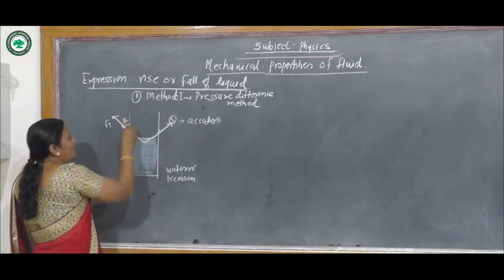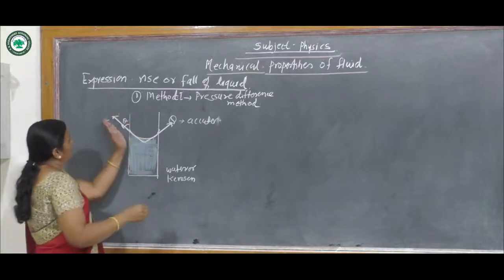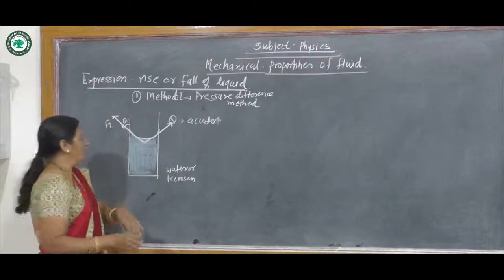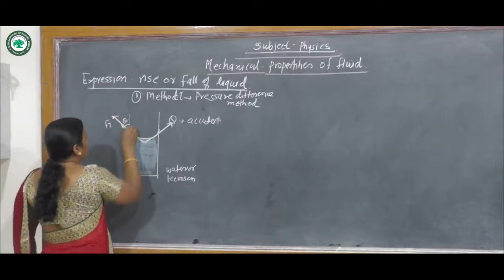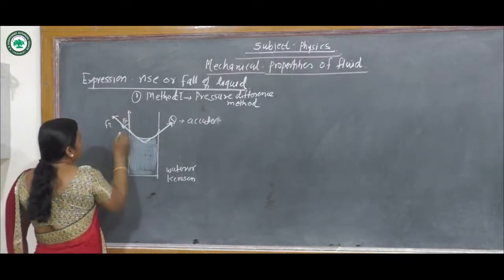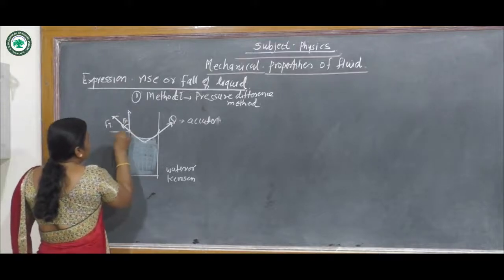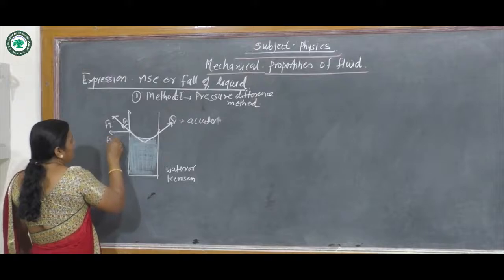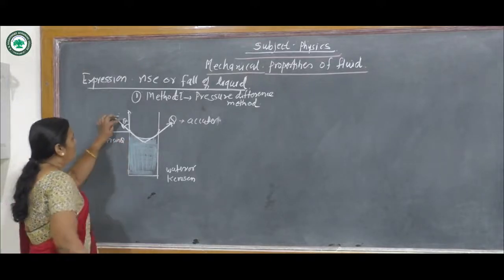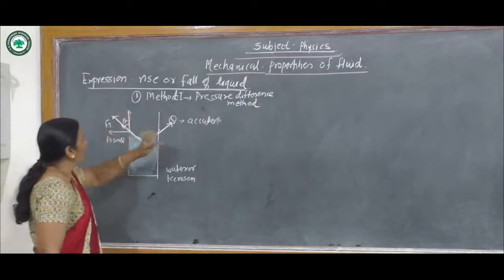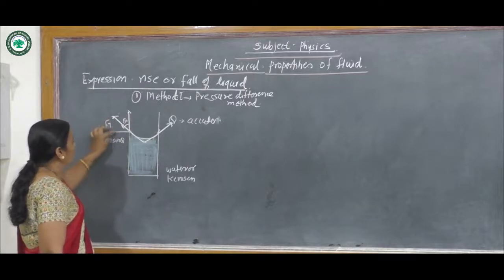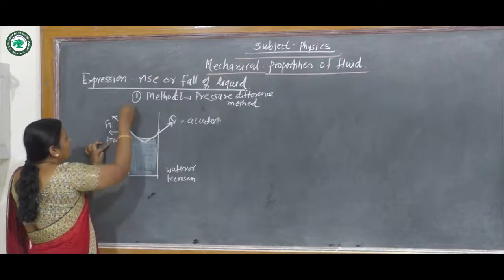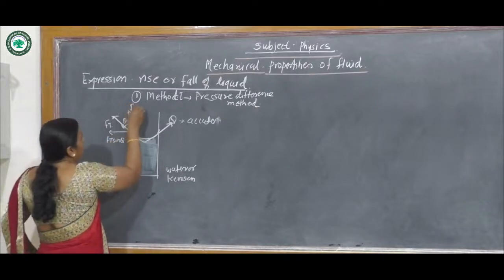Now, this force is inclined here. There are two components, the vertical component and the horizontal component. Now see, this is the vertical component, this is the horizontal component. The force Ft is resolved into two components. The horizontal component is Ft sin theta and the vertical component is Ft cos theta.